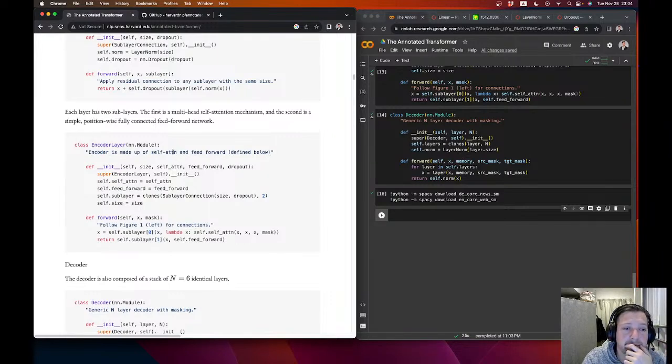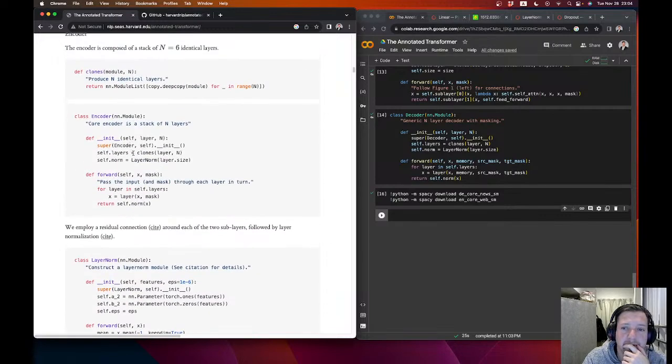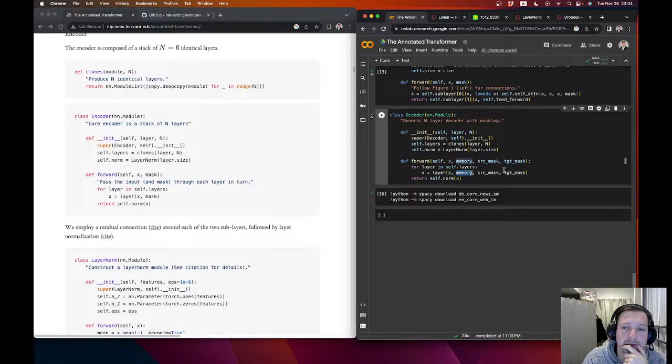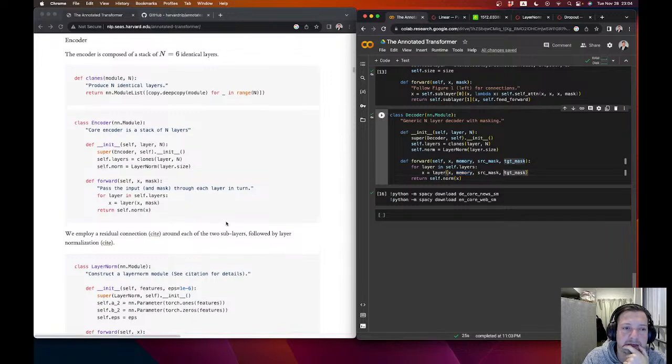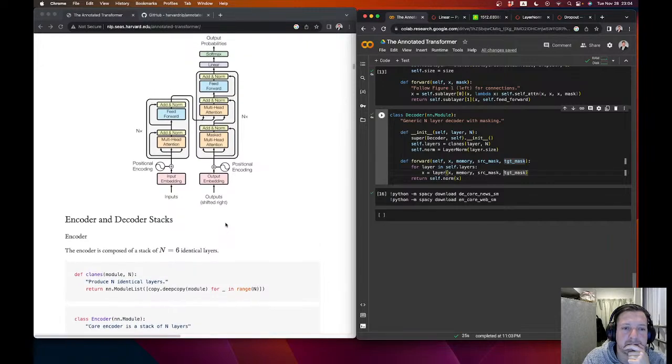Encoder is self-attention and feed forward. Sorry, that's not what I meant. This bit, right? Pass the input and masks through each layer in turn. And there's some memory, source, and target mask. So this is slightly different. Can we see that here?